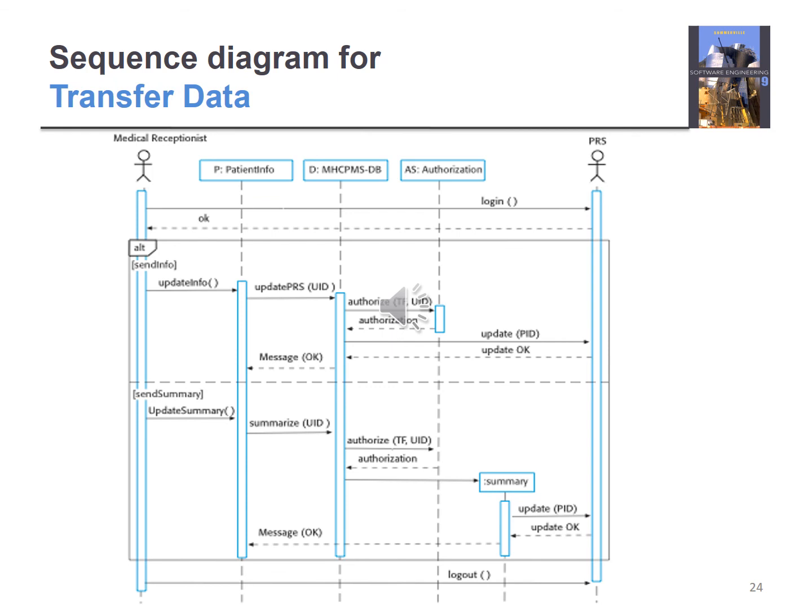Well, here is another example of a sequence diagram, for transferring data. Again, the medical receptionist, the patient info database, and the authorization, and there is a fourth or fifth object here, which is the patient record system. We need to transfer data to that record.